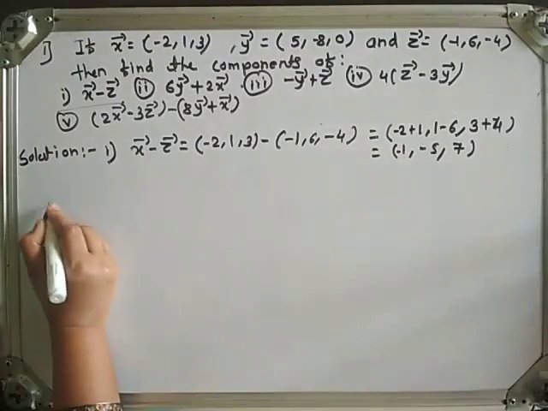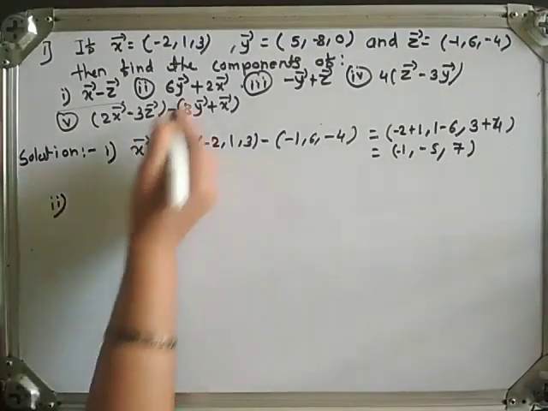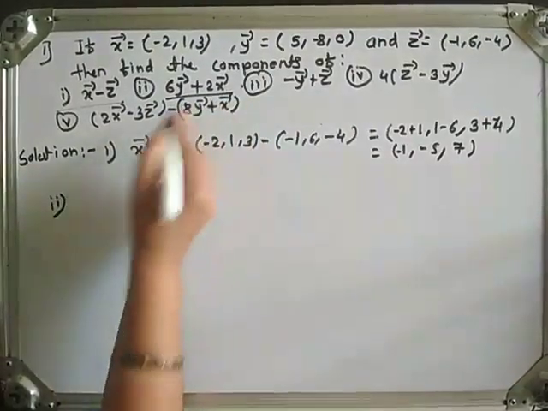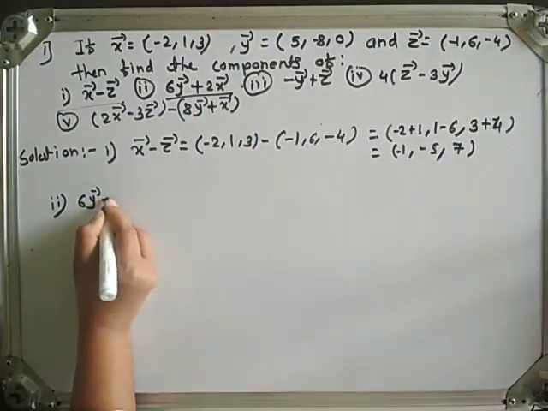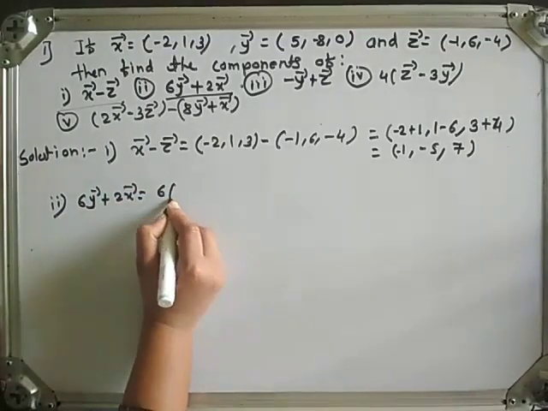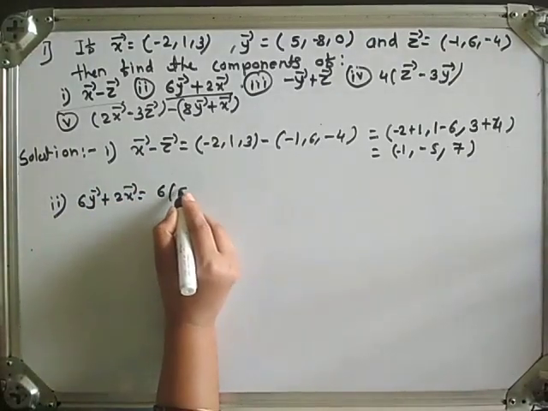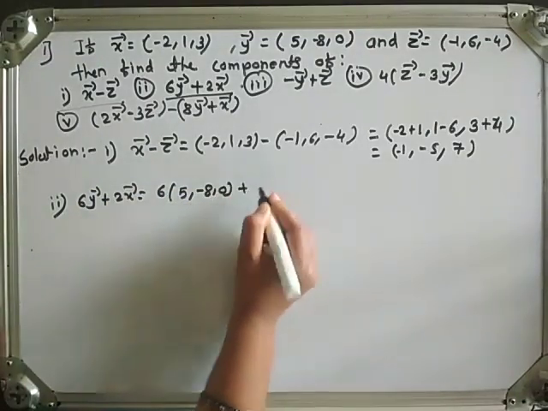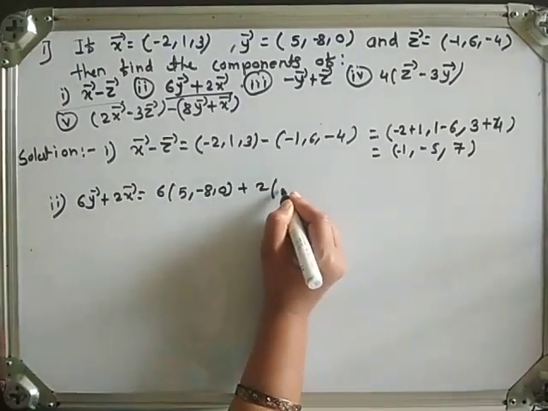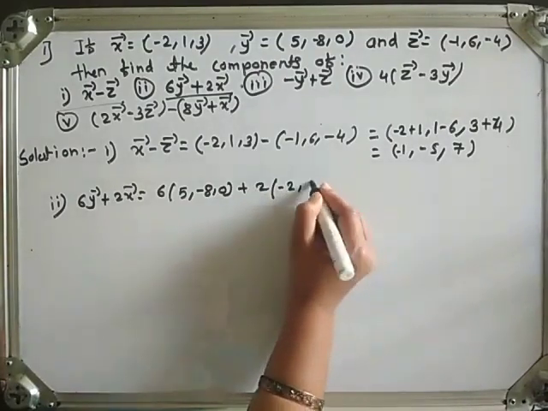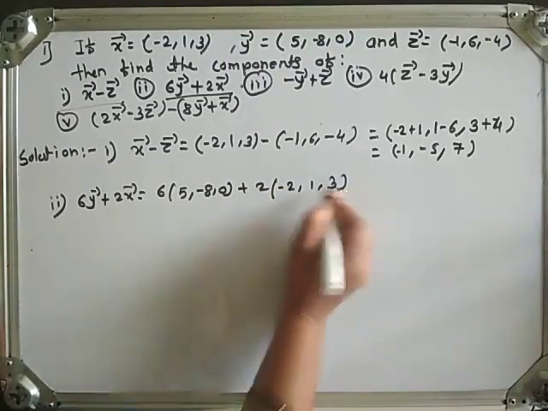Okay. Now let us calculate the components of the second one, 6y bar plus 2x bar, which is equal to 6 into y bar, where y bar is vector (5, -8, 0), plus 2 into x bar, vector (-2, 1, 3).